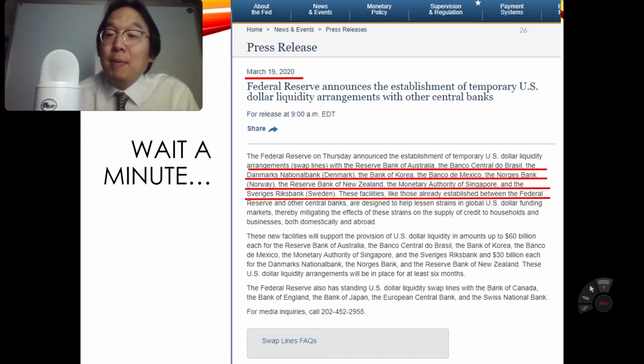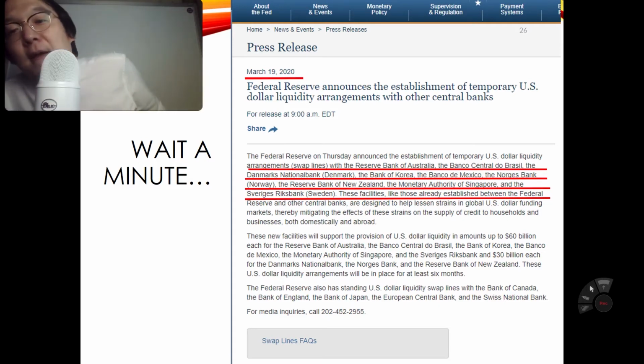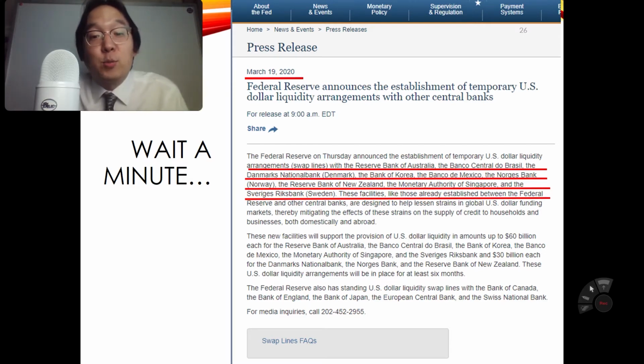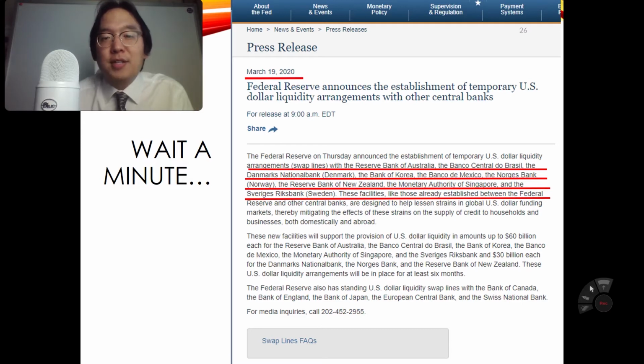The Banco de Mexico, the Norges Bank, the Reserve Bank of New Zealand, the Monetary Authority of Singapore, and Sveriges Riksbank, that's the Swedish bank. These facilities, like those already established between the Federal Reserve and other central banks, are designed to help lessen the strains in global US dollar funding markets, thereby mitigating the effect of these strains on the supply of credit to households and businesses, both domestically and abroad.